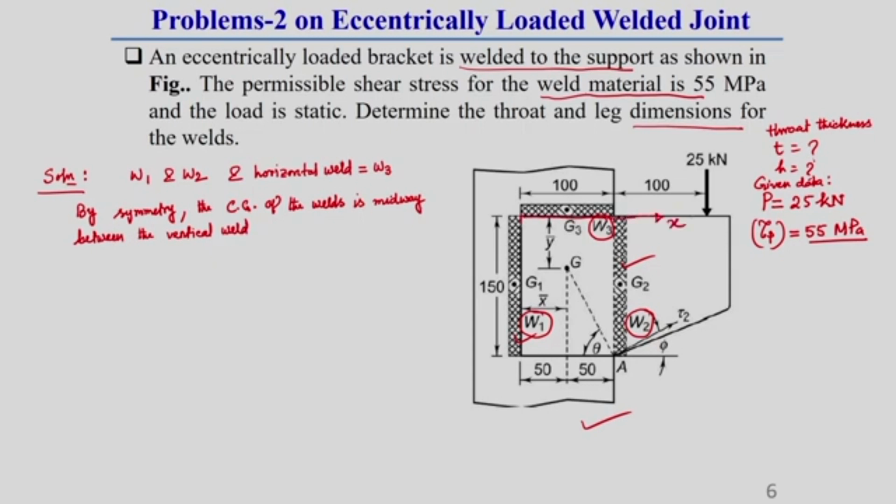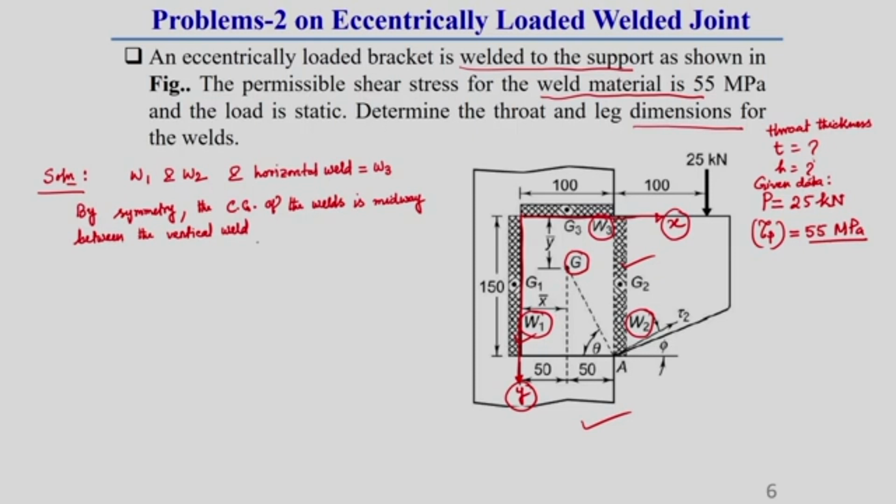Let this be our x axis and let this be our y axis. First of all, we have to find the CG with respect to the x axis and with respect to the y axis. From here we can easily see the CG with respect to y is the mid length of this horizontal weld.